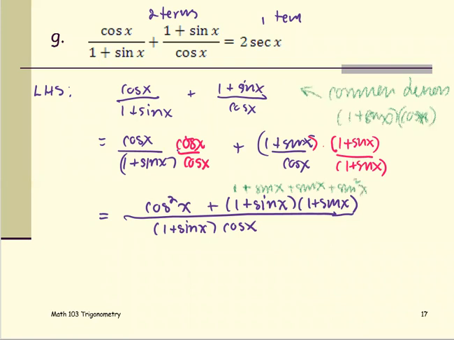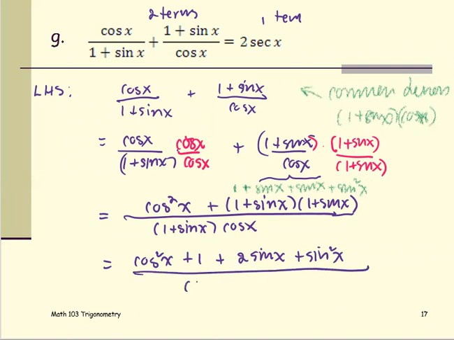Now we're going to write the numerator as cosine square x plus 1 plus, since these two are like terms, twice the sine x, plus sine square x, all divided by 1 plus sine x times cosine x. As we see, the cosine square and sine square can be substituted by the value 1.